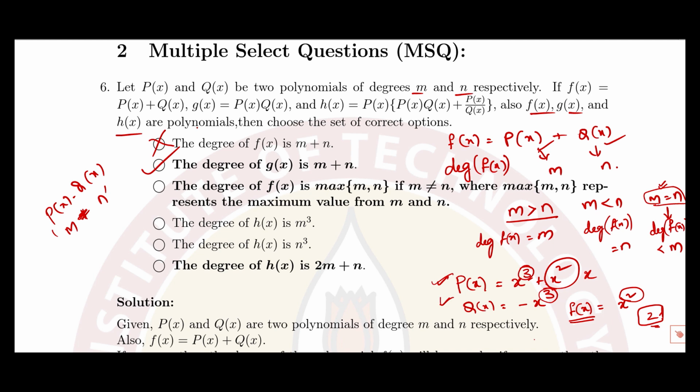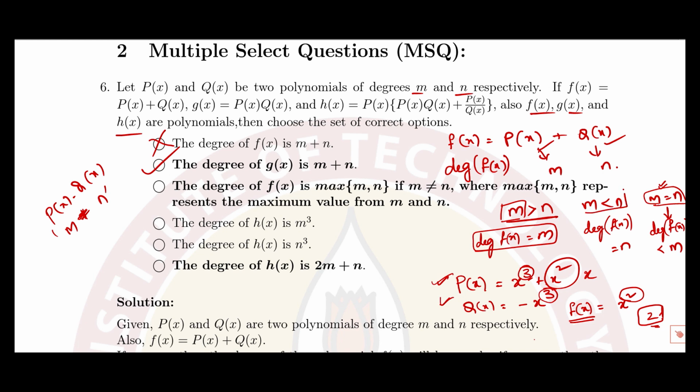Option 3 states that the degree of f of x is max of m comma n, where max of m comma n represents the maximum value from m and n. We just now discussed that if m is greater than n, the max of m comma n will be m, and the degree of f of x will be m.